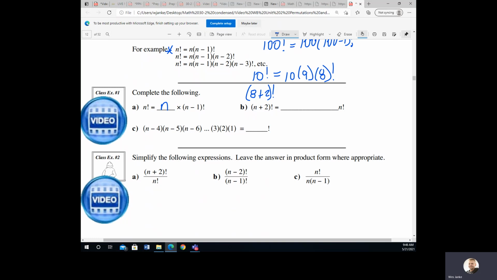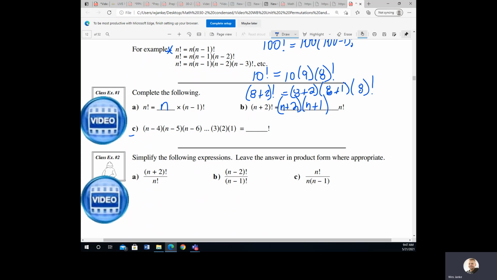So 8 plus 2 factorial is the same as 8 plus 2, where we start, times 8 plus 1 times 8. And then put a factorial. So n plus 2 factorial would just be starting at n plus 2. Then 1 less than that is n plus 1. And then times n factorial.